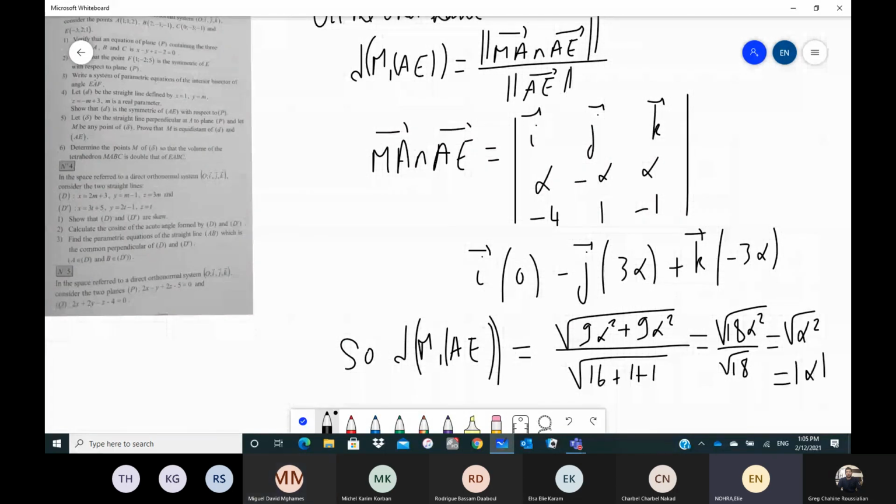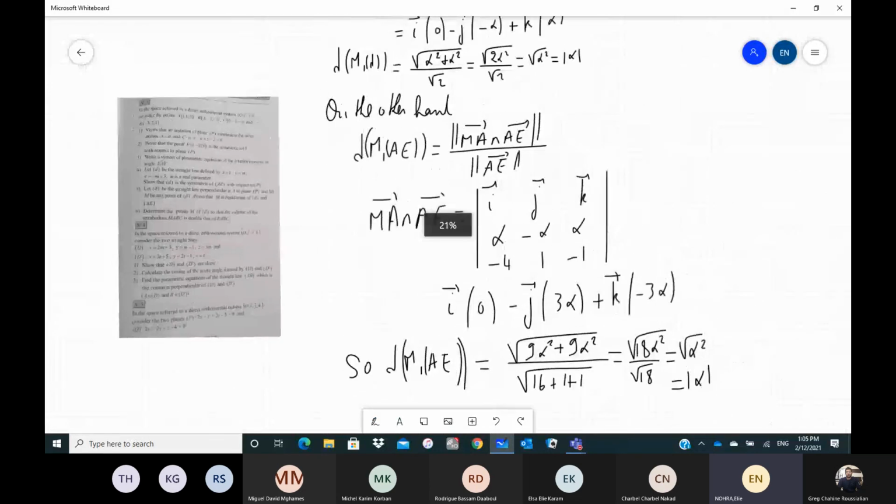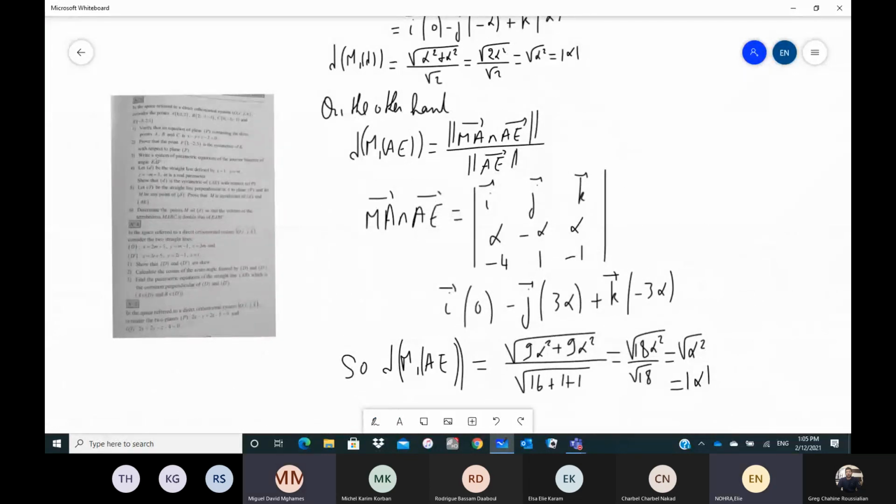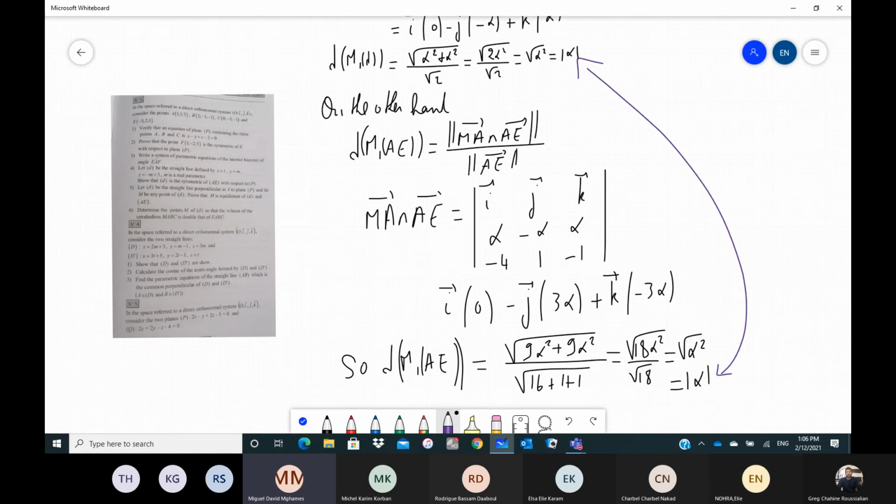Did you notice that it's the same? Hence they are equidistant. Did we all understand?